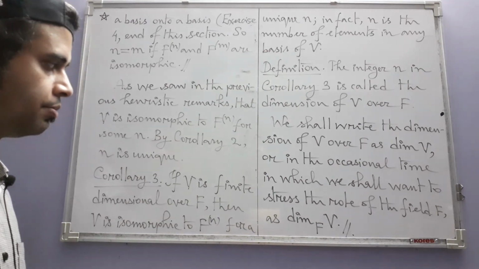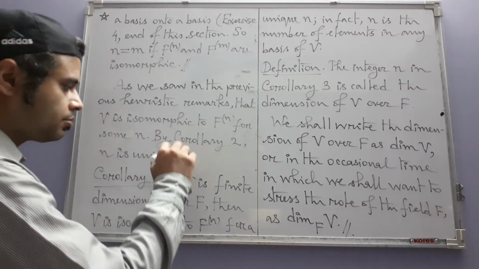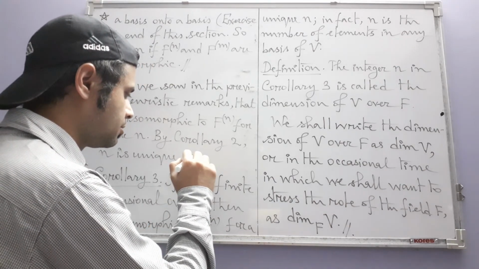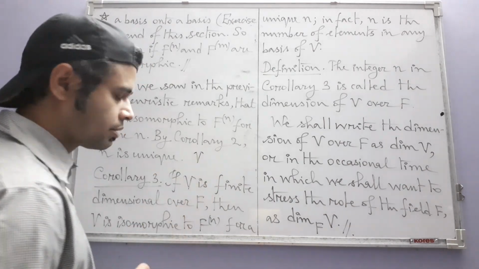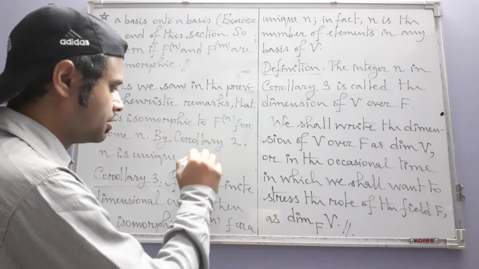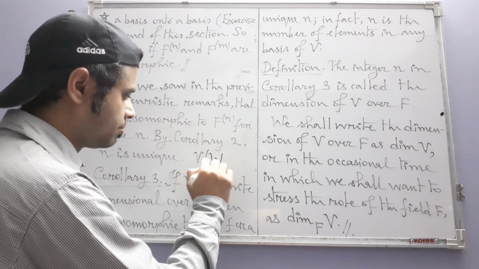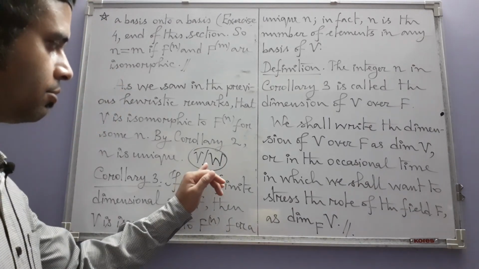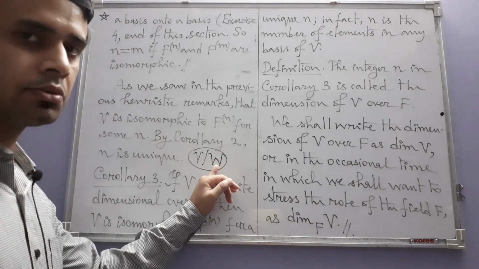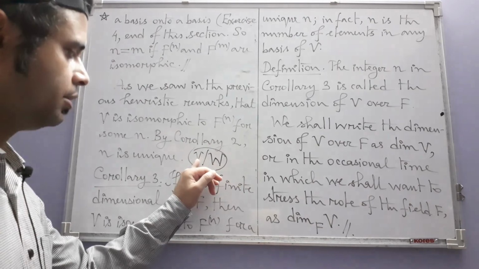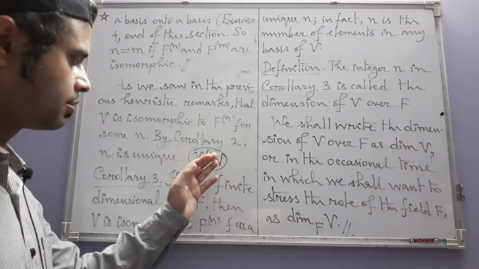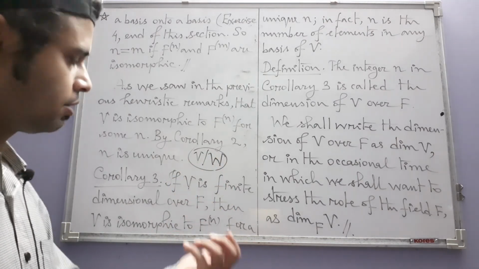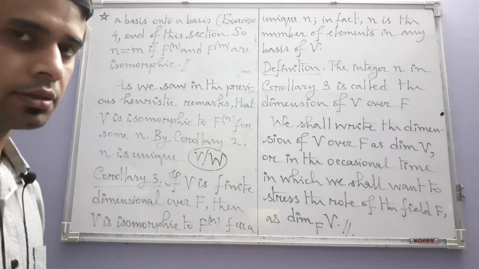That is one thing. And we will also calculate the dimension of this quotient space. Say V is a vector space and W is a subspace. We already know we can form the quotient space V by W, whose elements are the cosets of W in V, as a subgroup of V under vector addition.